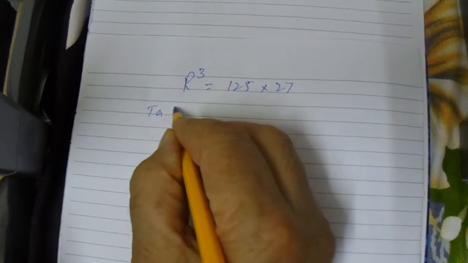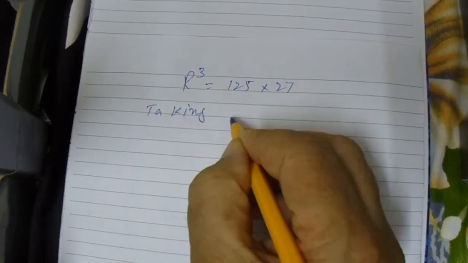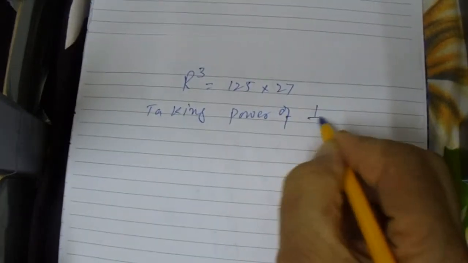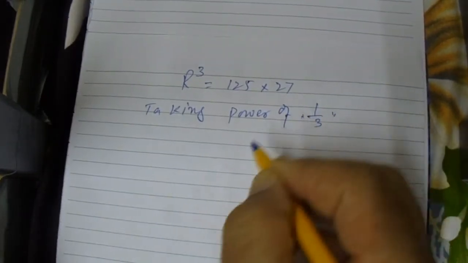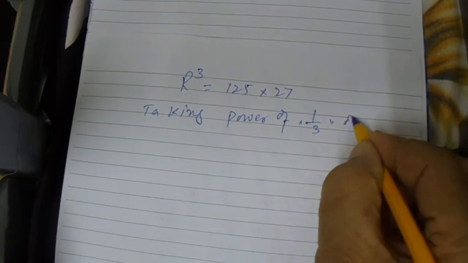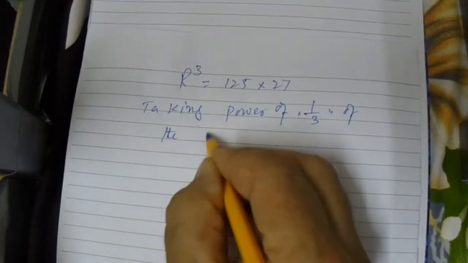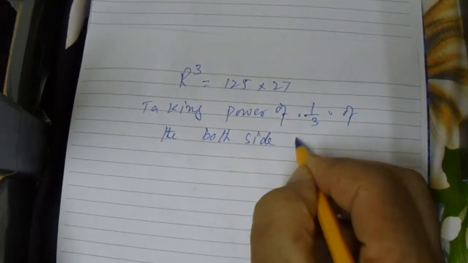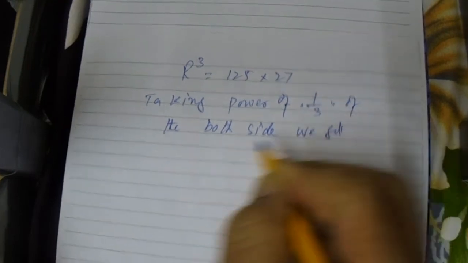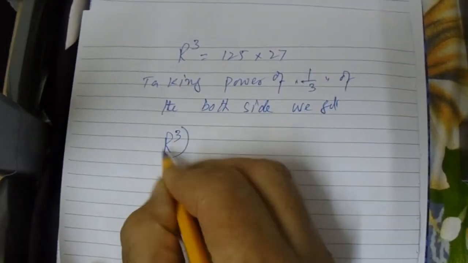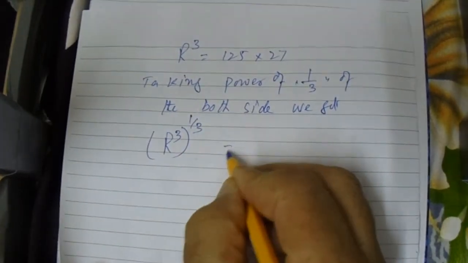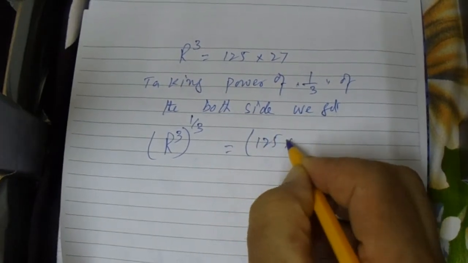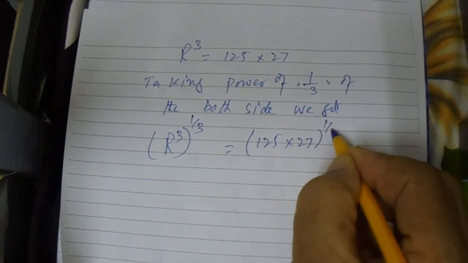Taking the power of 1 by 3 on both sides, we get R cubed to the power 1 by 3 is equal to 125 multiplied by 27 to the power 1 by 3.